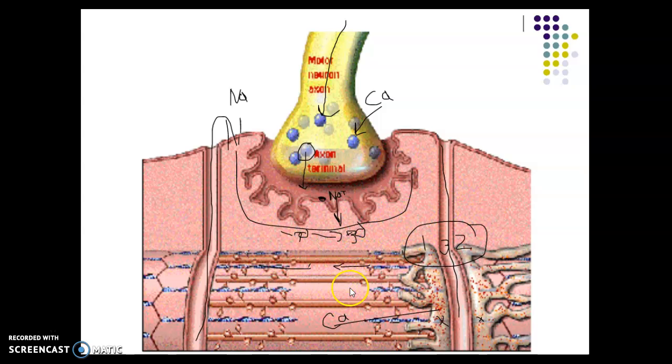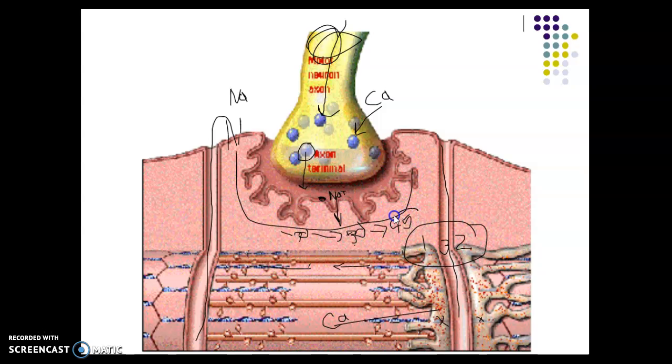And basically, what's going to happen is that the sarcolemma was polarized, then it became depolarized. Well, before another action potential can come again and affect this cell, it has to be repolarized. So we're going to go from negative 30 until we reach positive 30, till we reach positive 45.